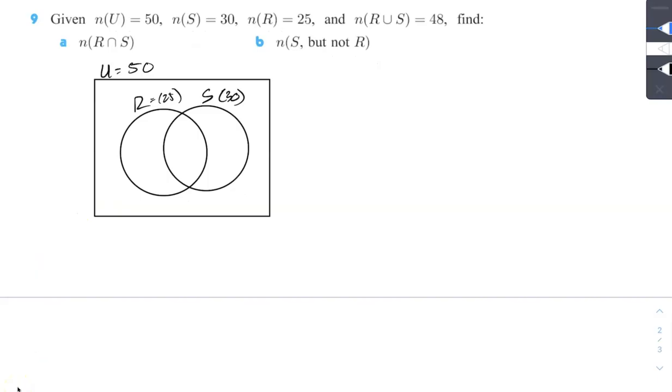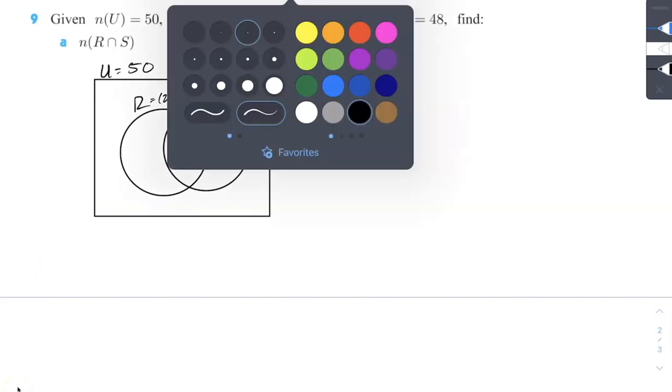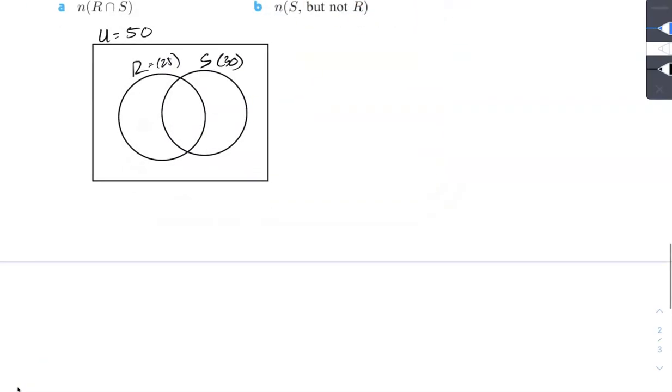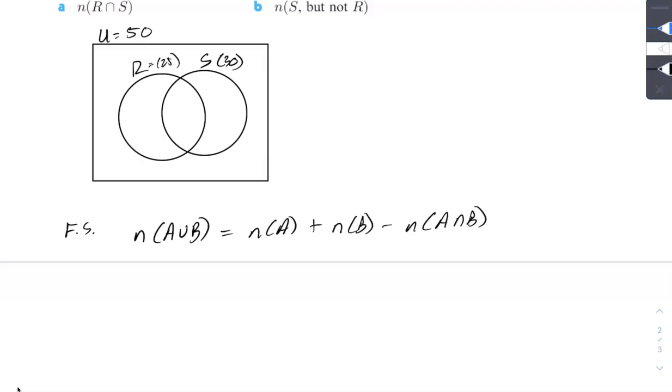To do this problem, I can introduce you to a formula from the formula sheet, which is the number in A union B is equal to the number in A plus the number in B minus the number in the intersection of A and B. So it's saying if you have the union, you add the one circle plus the other circle and subtract off what they have in common.